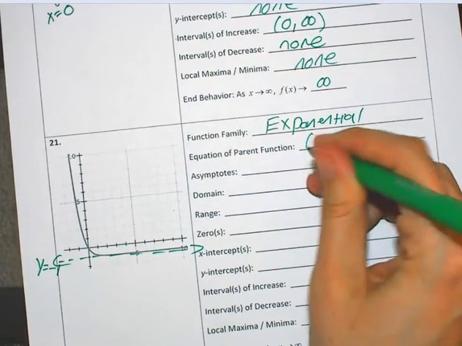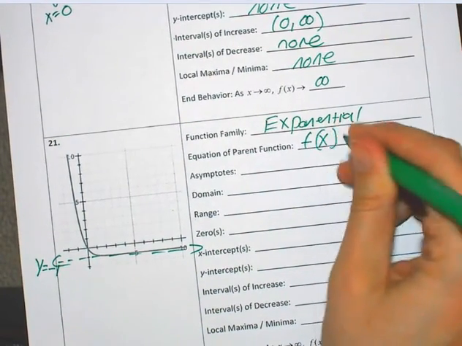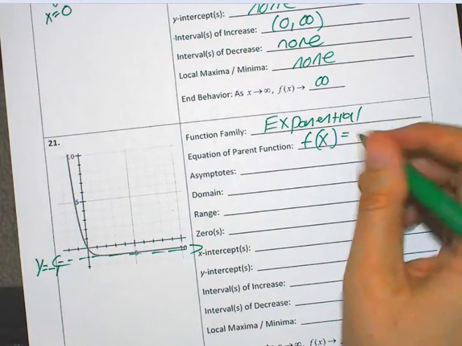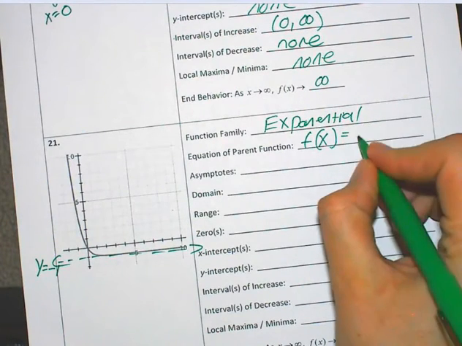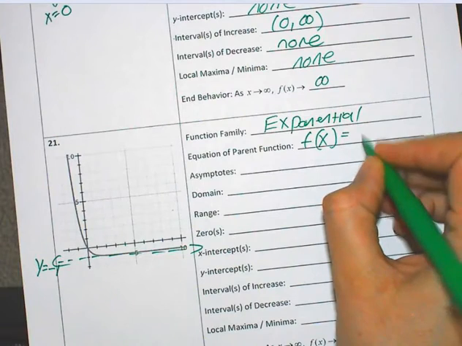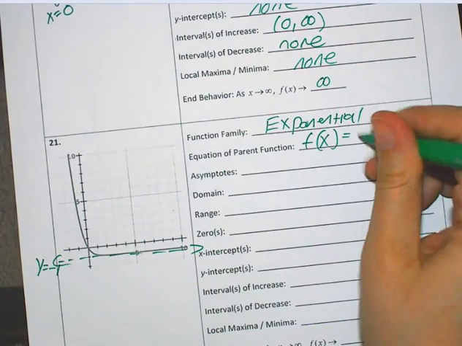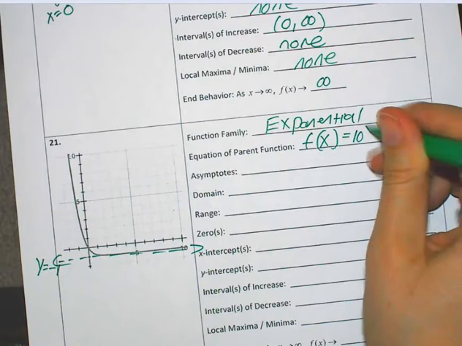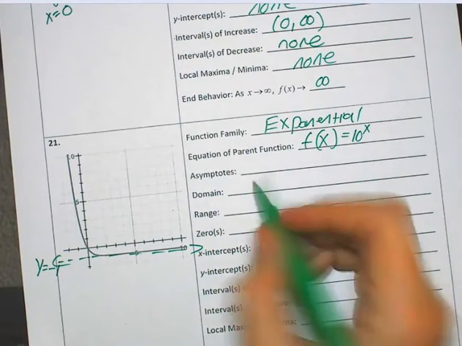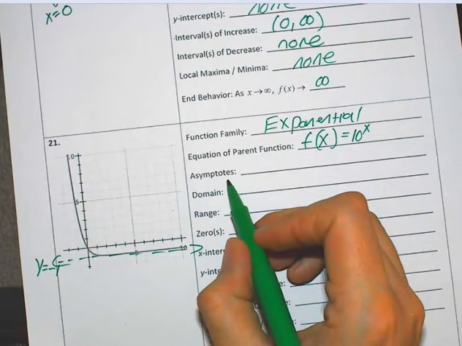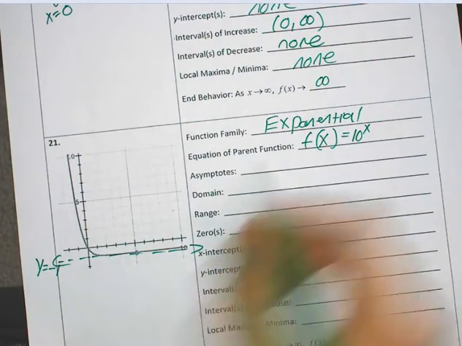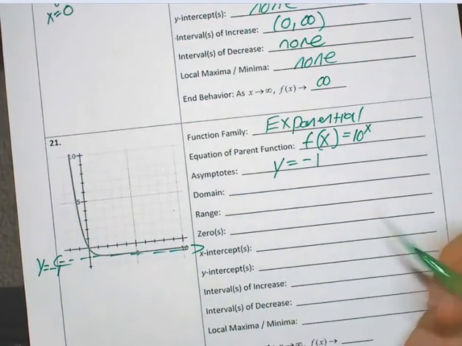So for exponential, our parent function is f of x equals 10 to the power of x. All right, so for our asymptote here, our asymptote we said was at y equals -1.